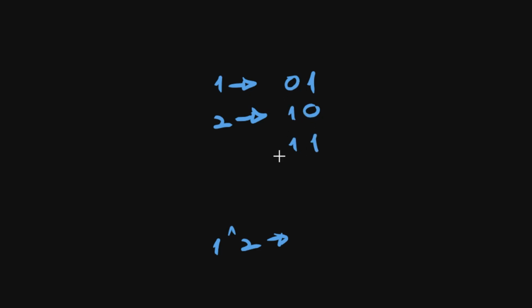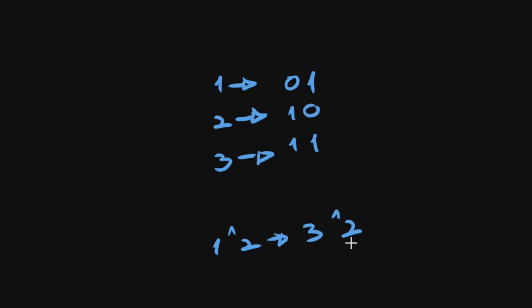Now, in case you're wondering how this works exactly, let's say we have 1 in binary and a 2 in binary. And now remember that XOR returns true when we have different bits, okay? So for example, let's say we're doing 1 XOR 2. The result for this in binary is 1 and 1, and this is a 3. And now let's say we're doing 3 XOR 2 again.